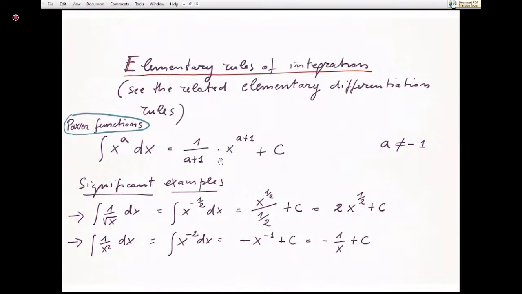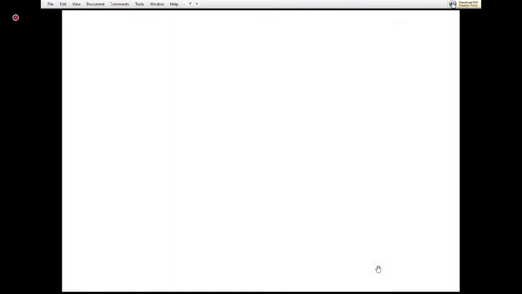Here is another example of the integral of a power function of x. 1 over x squared means x to the power of minus 2, which becomes x to the power of minus 1, because you have to increase the exponent by 1 and then divide by minus 1. So minus x to the power of minus 1 plus a constant, that is, minus 1 over x plus a constant. And so on and so forth.